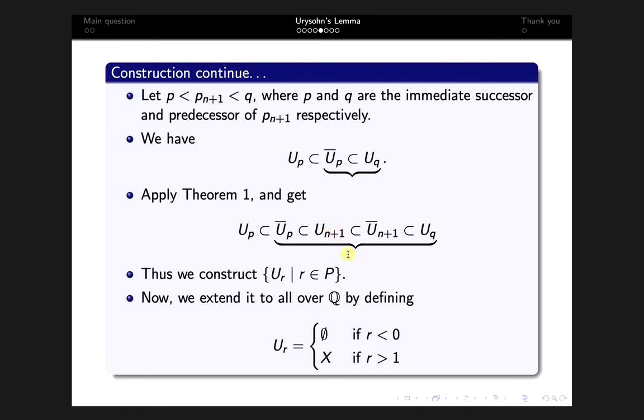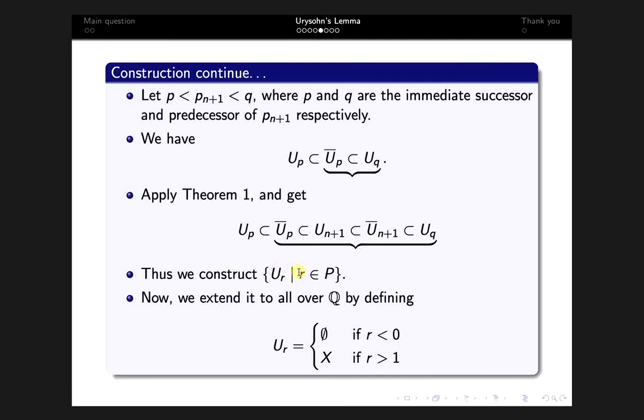Okay, so thus we construct U_R, the collection of open sets for every R in P, and P is the set of rationals in the closed interval [0,1]. Now for every rational we have an open set U_R.